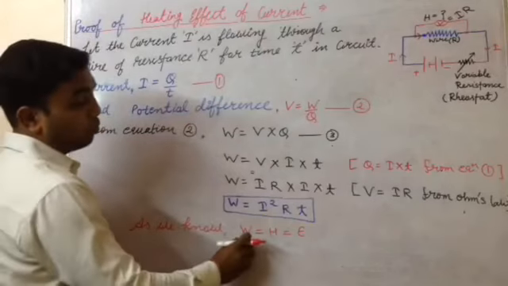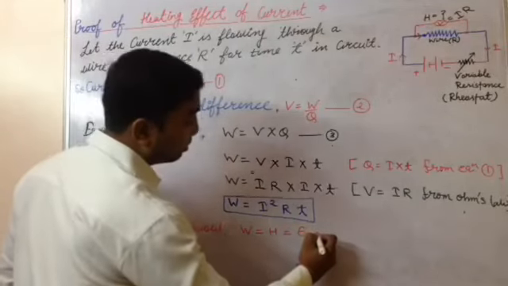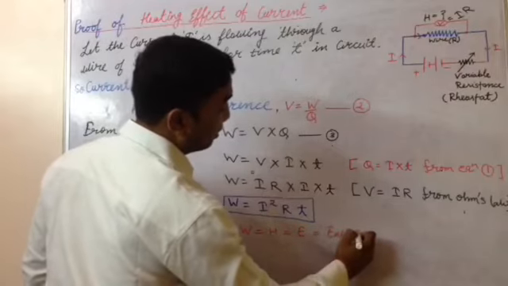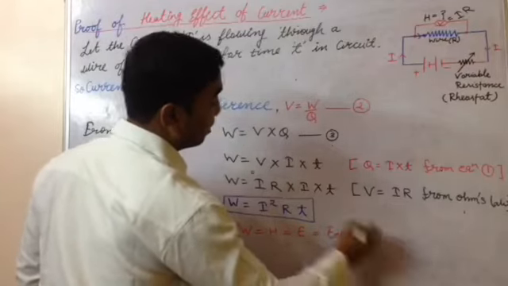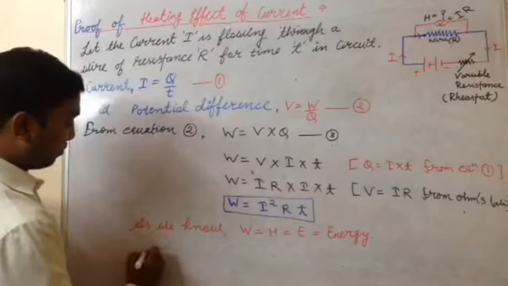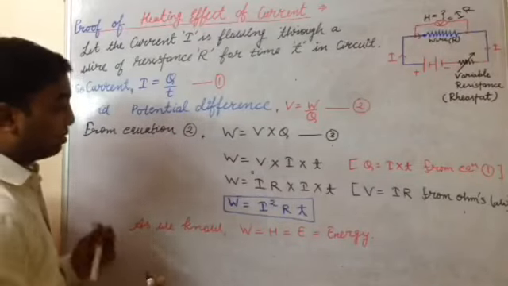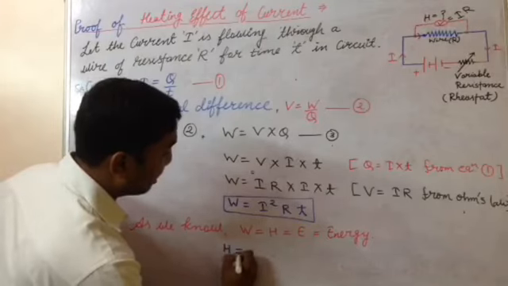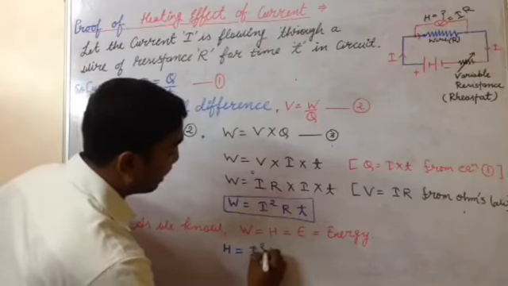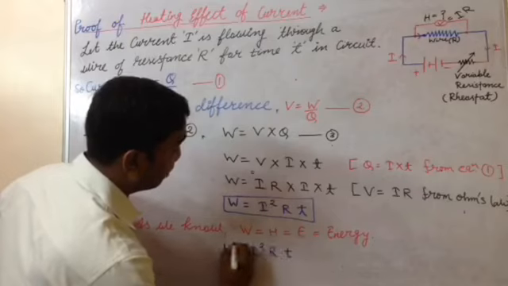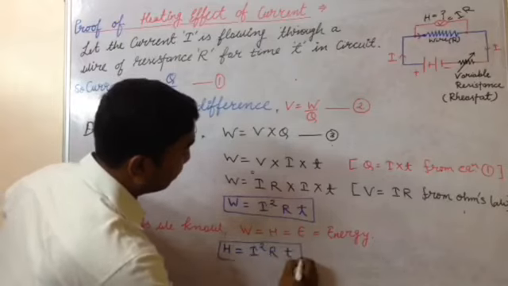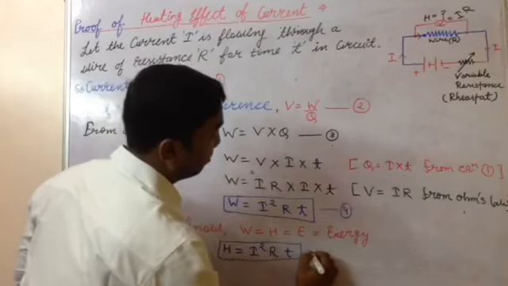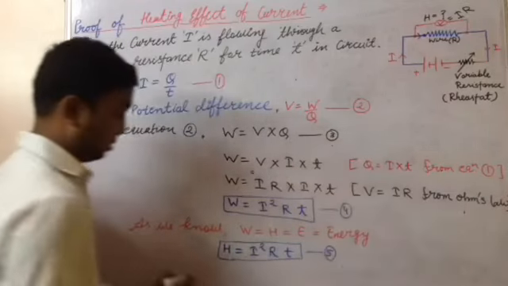So as we know, W equal to H equal to E. These all are energy. So W would be replaced by H, and here we write I square R and T. So now this would be our formula. You can give this equation number 4 and that equation number 5.